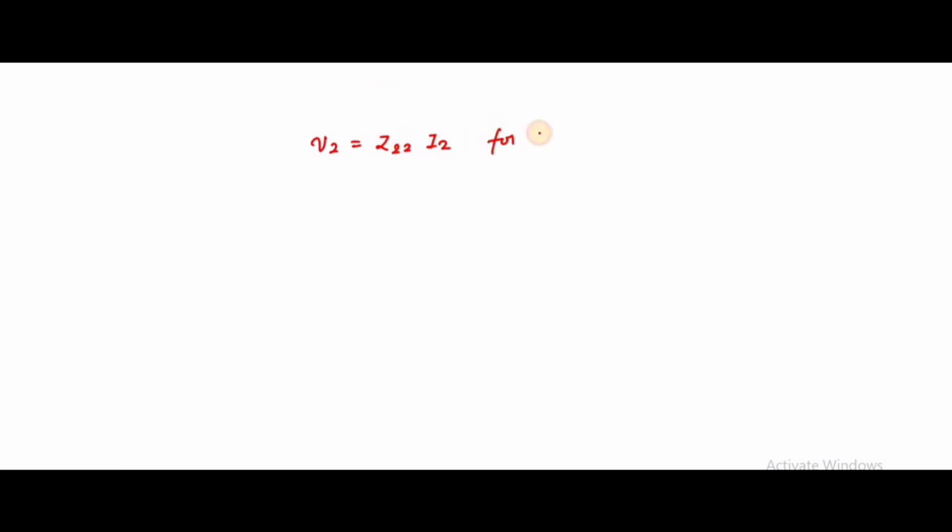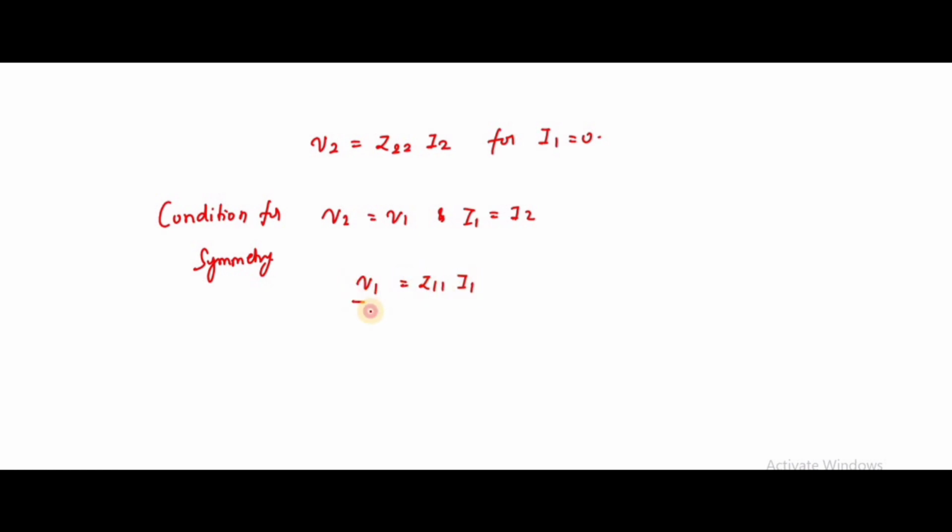So you divide these two equations, that is V1 by V2. So what is V1 by V2? So this is a condition for symmetry, right? V2 is equal to V1 and I1 is equal to I2. This is a condition for symmetry. So V1 by V2 is equal to Z11 I1 by Z2 I2.